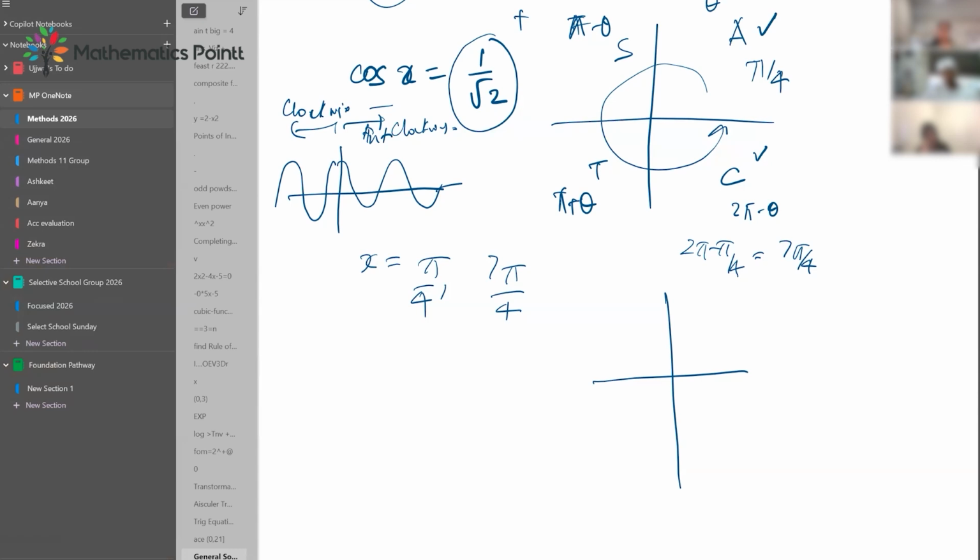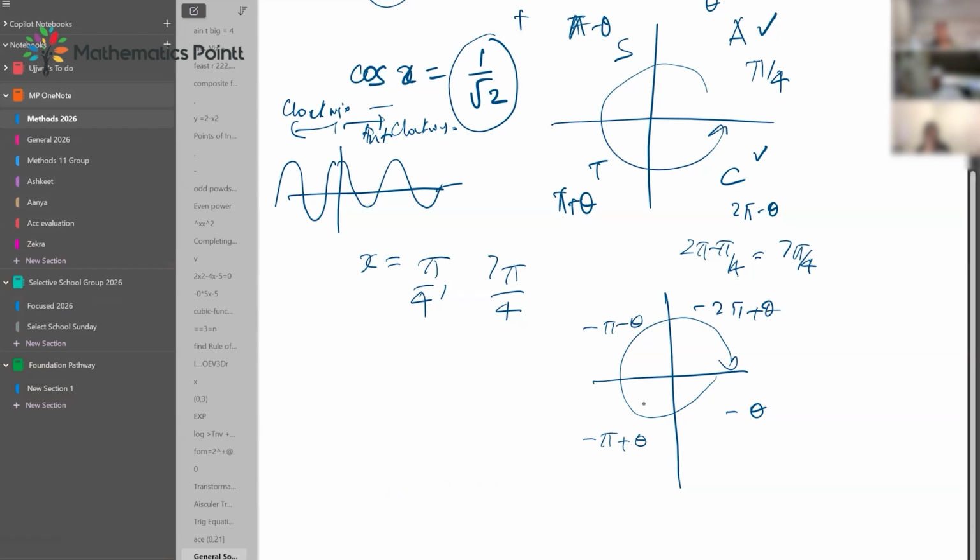Now if I do this rotation like this, what are my values? Negative theta, negative pi plus theta, negative pi minus theta, and negative 2 pi plus theta. Correct? If I remember correctly off the top of my head, correct me if I'm wrong. So ASTC still stands true here, and I'm still after the first quadrant and fourth quadrant. My reference angle was pi on 4.